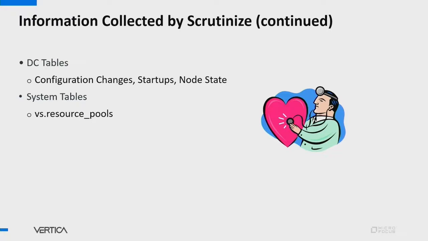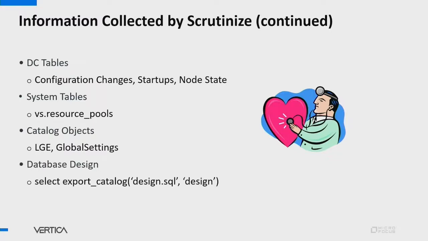And for some of the new customers out there, DC tables are a tabular representation of Vertica logs, and this is mostly for users like us who like to write queries. Along with DC tables, there is information like metadata tables and the design that we collect from your database.